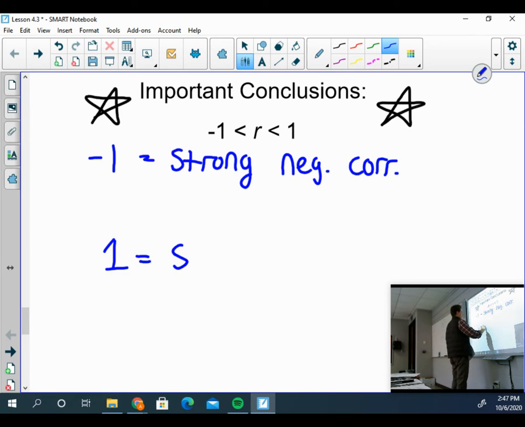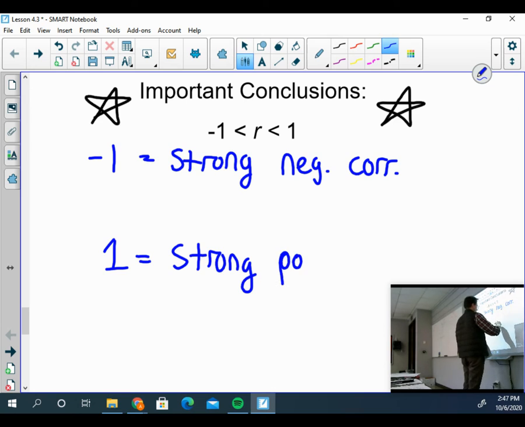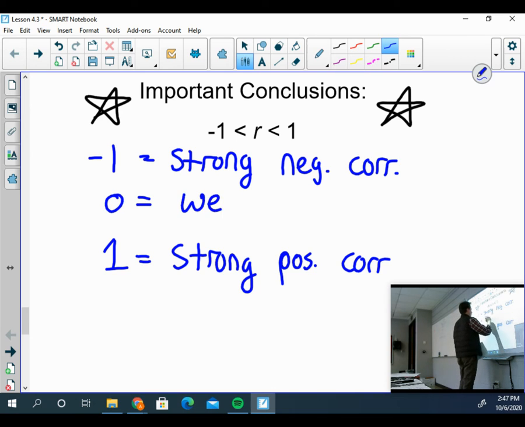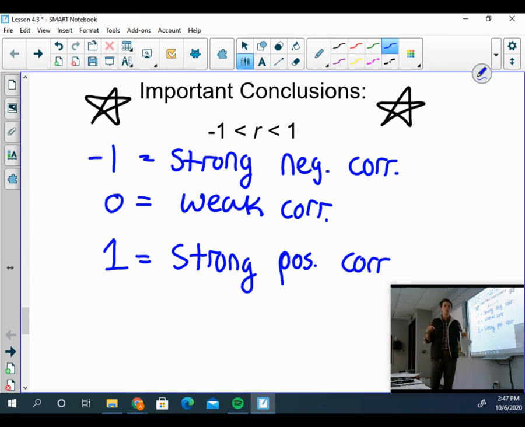Any number near that is a strong positive correlation. Anything near 0 is going to be a weak correlation. That's the situation where the negatives and the positives cancel each other out, and we end up with 0 when they're all added together.